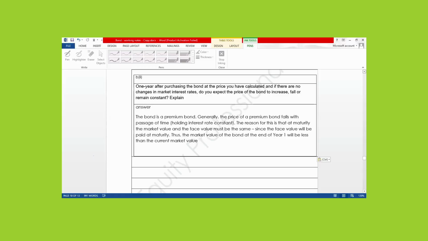And that was the comment here. That bond is a premium bond. What is a premium bond? A bond with market price higher than the face value. As of today, the market price is 1,060 naira.